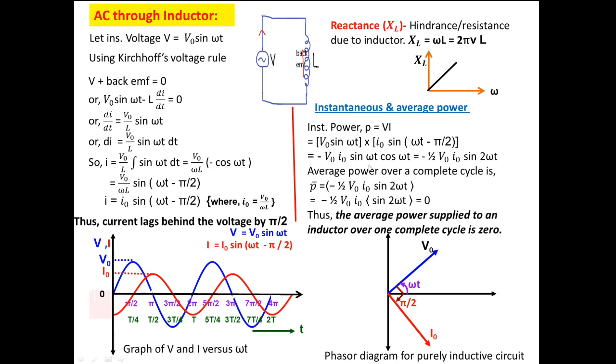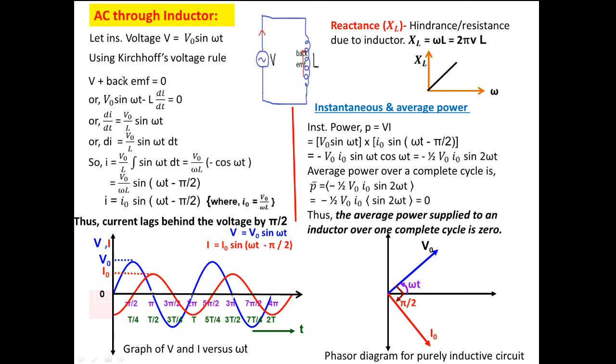Now if we see the inductive circuit, if the instantaneous source is applied through an inductor, the voltage is varying with time, so flux linked with this inductor will change, so it will induce an EMF, that is the back EMF.